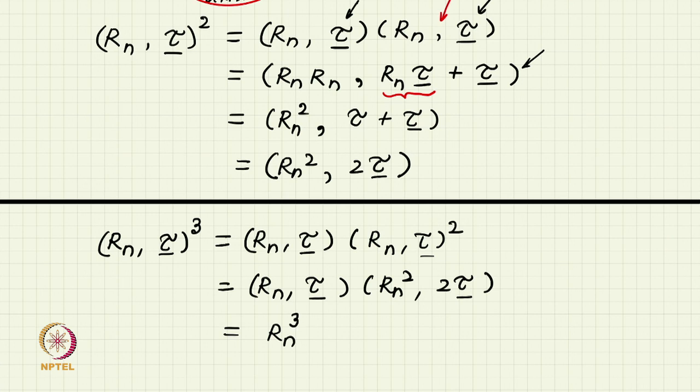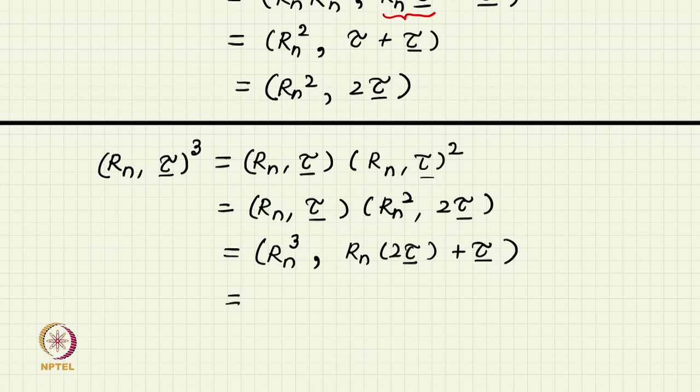Now, if I use our multiplication rule, so we get Rn cube, Rn of 2 tau plus tau, and using the linearity of Rn over 2 tau, this is simply 2 tau, because if tau is a translation parallel to the rotation axis, 2 tau is also a translation parallel to the axis and will remain invariant under the rotation Rn.